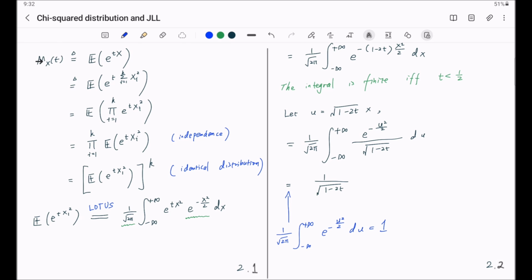The moment generating function here will be the k-th power of this, whenever t is less than 1/2. When t is greater than or equal to 1/2, this integral will become infinite. So this is our computation result.